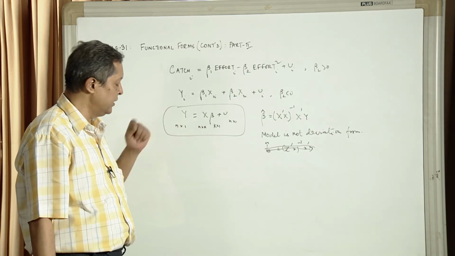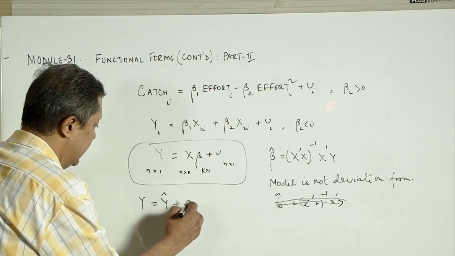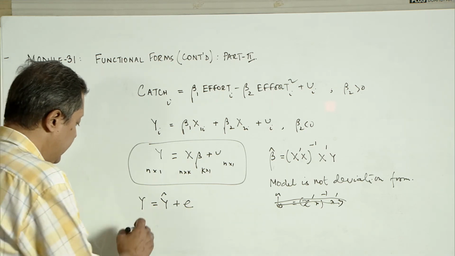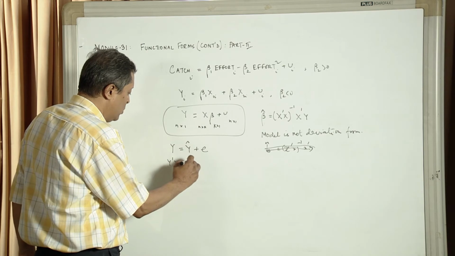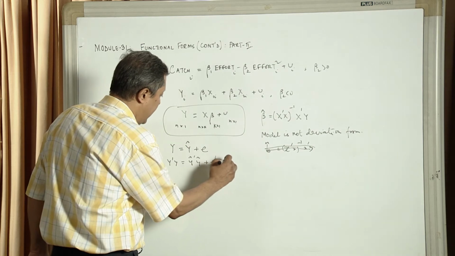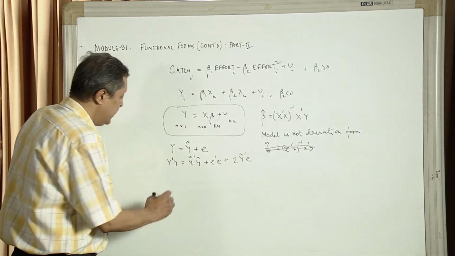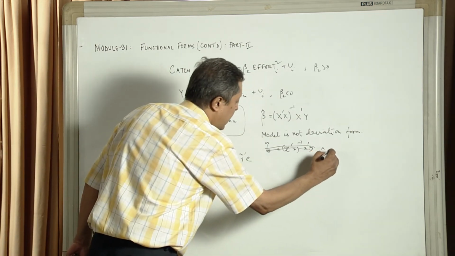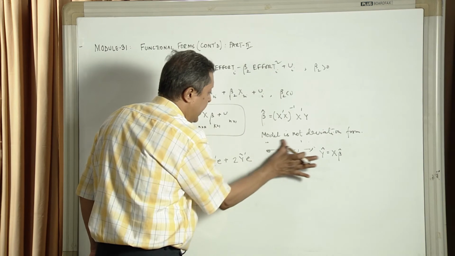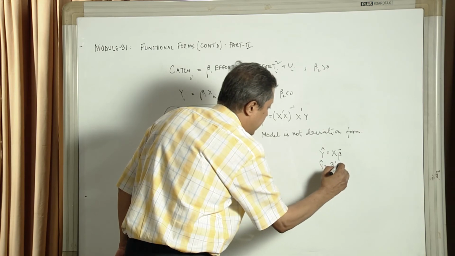Another interesting thing about this is, now we write y is equal to y hat plus e. That is basically observed is equal to estimated plus error, and y prime y is equal to y hat prime y hat plus e prime e plus twice y hat prime e, as earlier. The only thing is y hat is now x beta hat, so y hat prime is beta hat prime x prime.